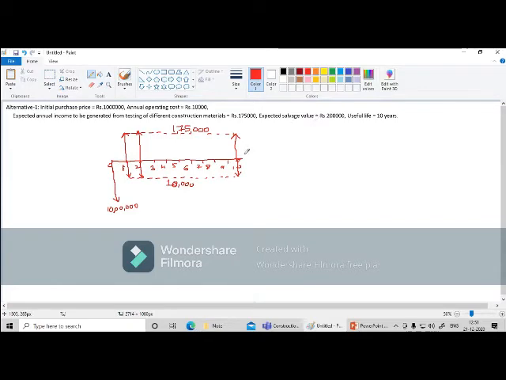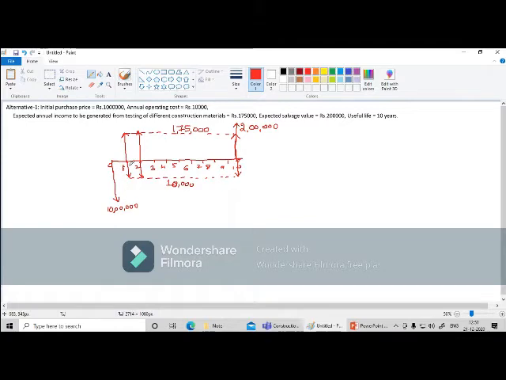Expected salvage value. Salvage value is nothing but the amount we get at the end of the useful life. So it will be shown at the end, after completion of the 10th year, as a single arrow, 2 lakhs. So see, 10 lakhs is the initial purchase cost, so I have shown it at the start.